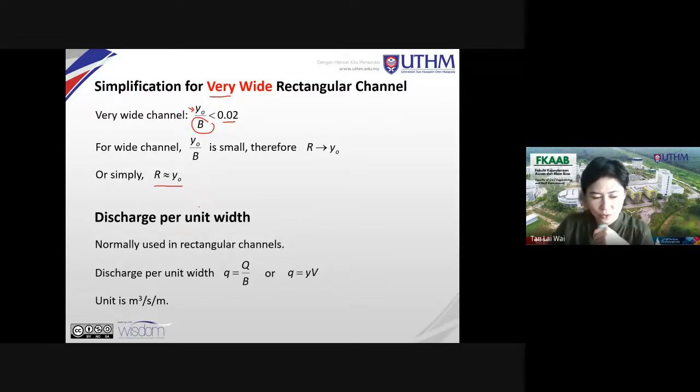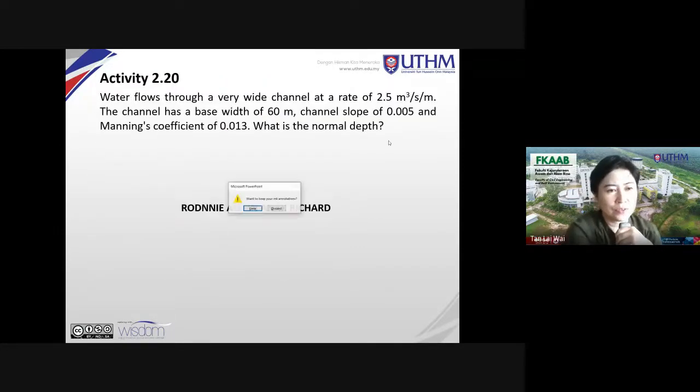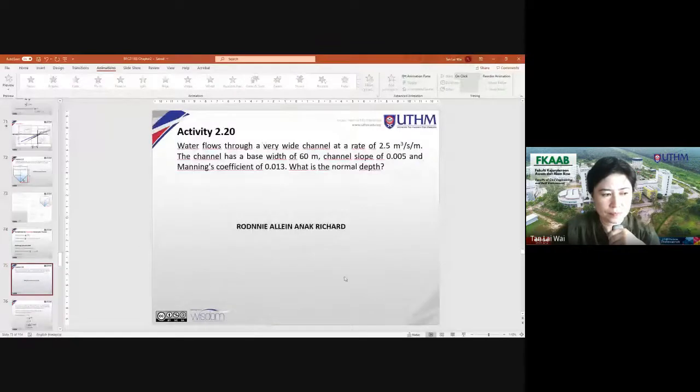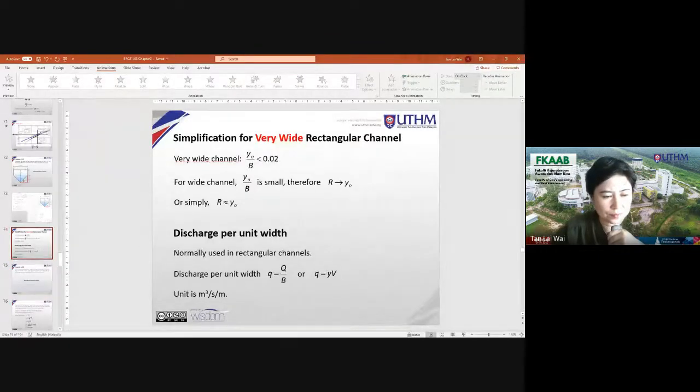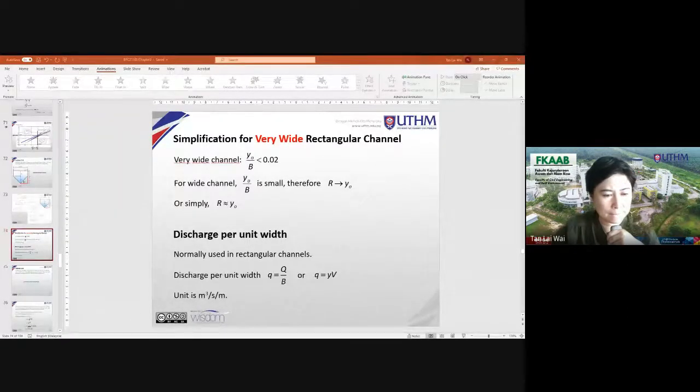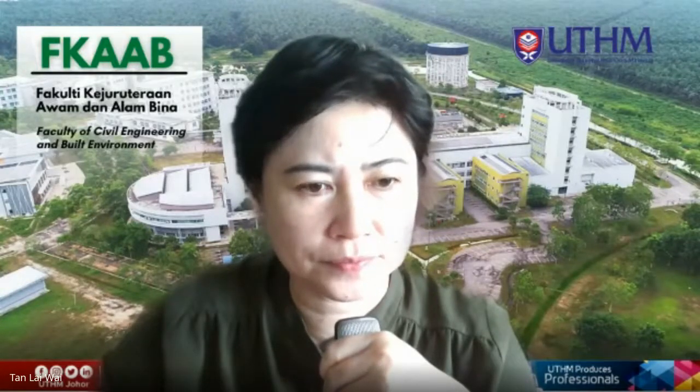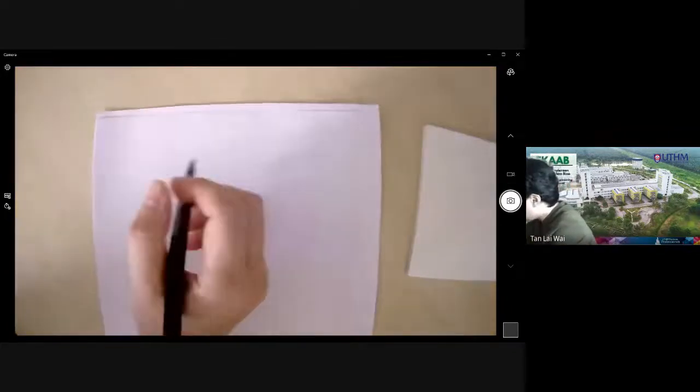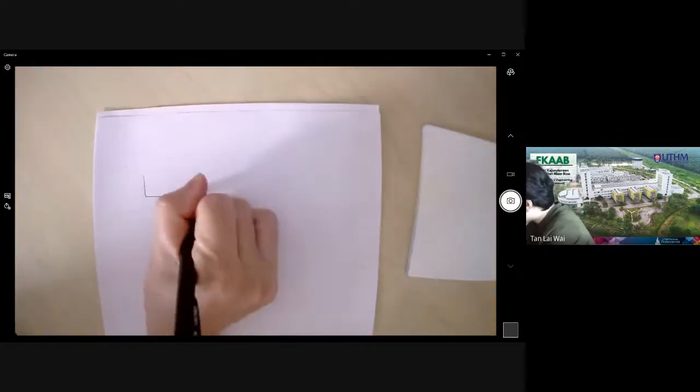Now let me show you an example. Let's look at this. In the case of a very wide channel, let's say I have a rectangular channel.